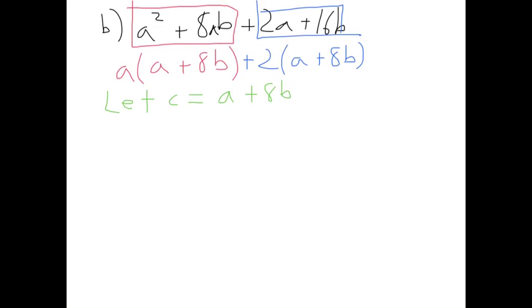Wherever I see that expression, A plus 8B, I'm going to replace it with a C. So I've got A times C, plus 2 times C. I replace the expression with C each time: this A plus 8B became this C here, and this A plus 8B became this C here.